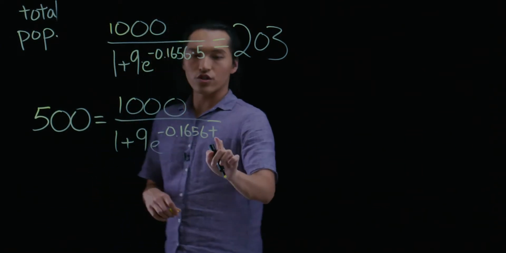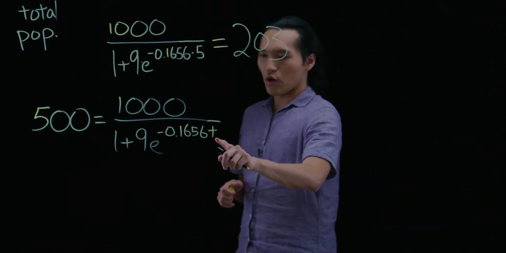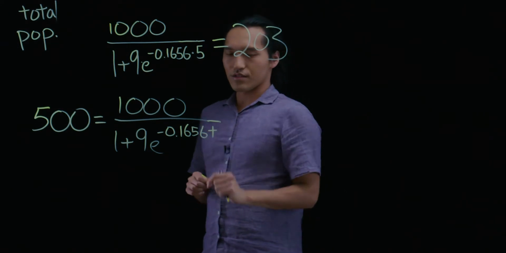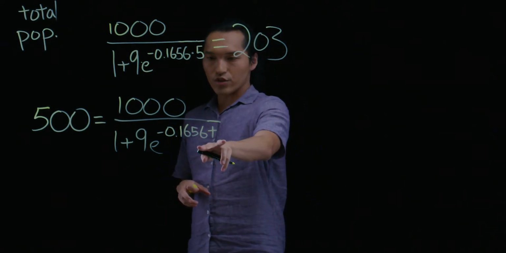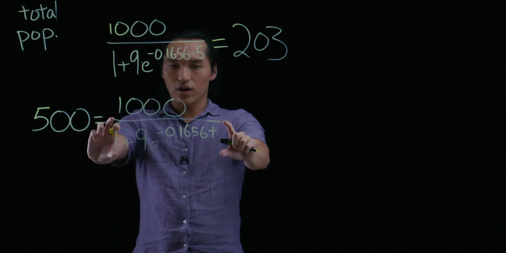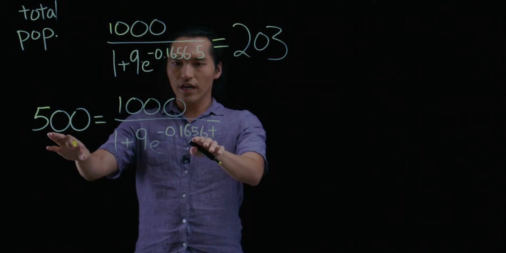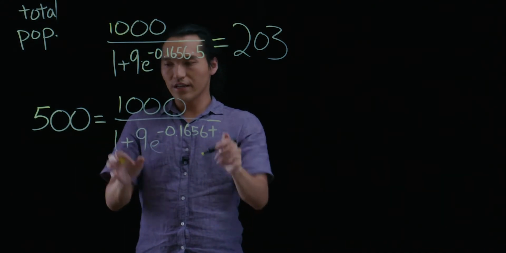And now we're trying to solve for t. In order to isolate t, let's first multiply everything in the denominator to the other side of the equation. This way, we can remove any fractions that exist.